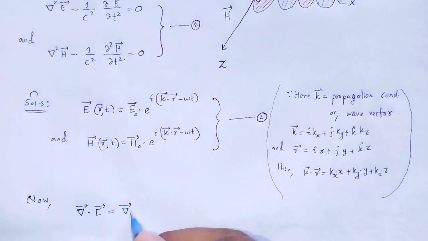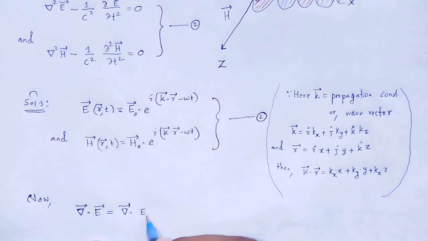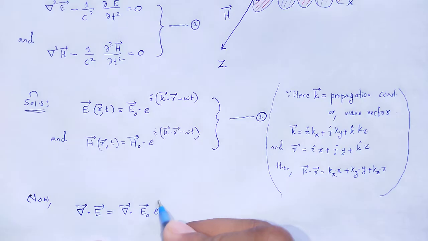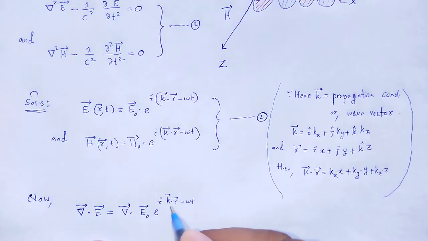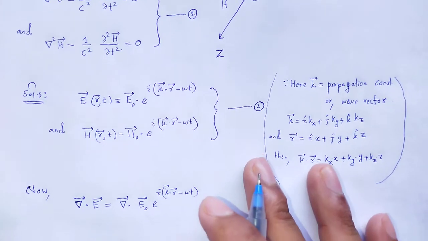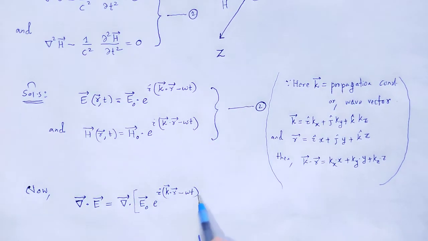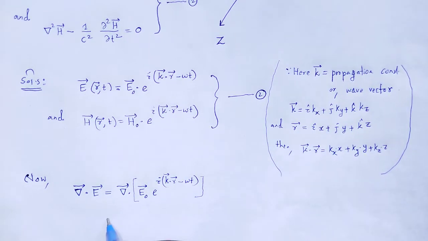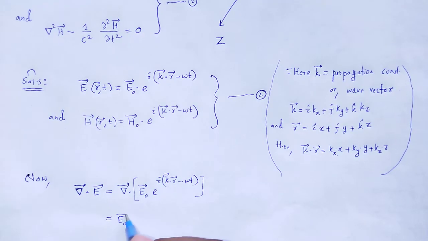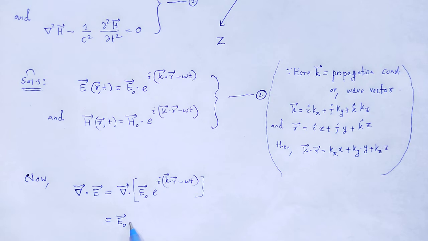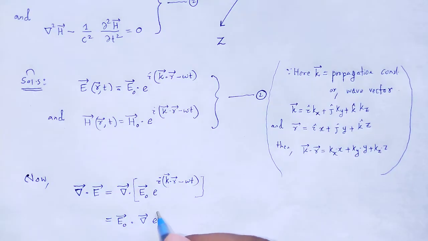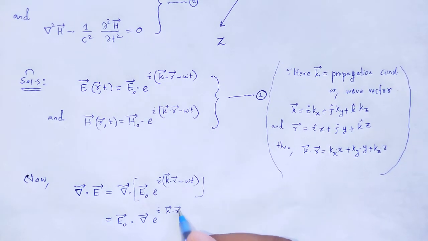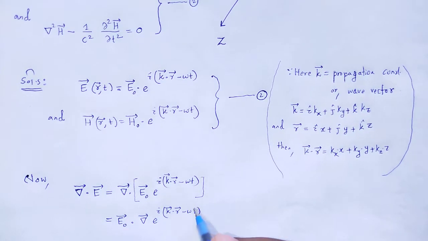So the gradient of E vector, E naught e to the power i (k dot r minus omega t), is equal to E vector times the gradient of e to the power i (k dot r minus omega t).